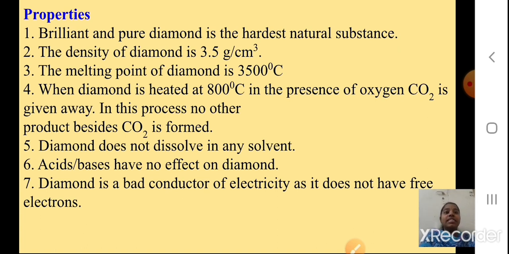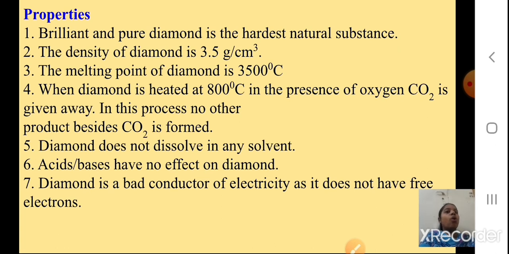When diamond is heated at 800 degrees Celsius in the presence of oxygen, CO2 is given away. In this process, no other product besides CO2 is formed. So remember, when diamond is heated at 800 degrees Celsius in presence of oxygen, CO2 gas is formed, and no other product besides CO2.